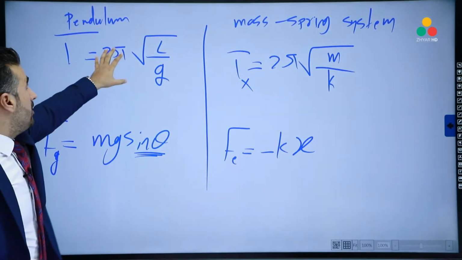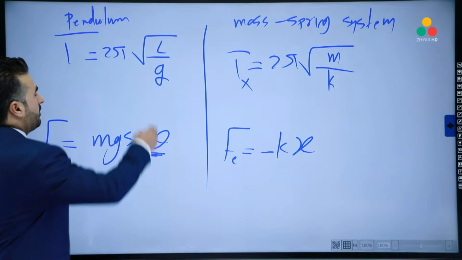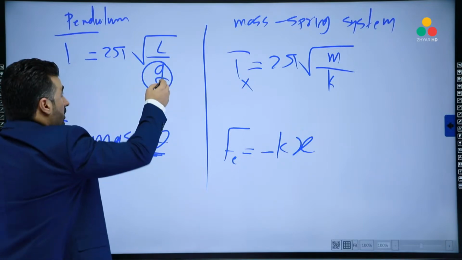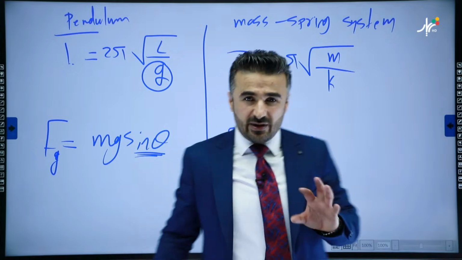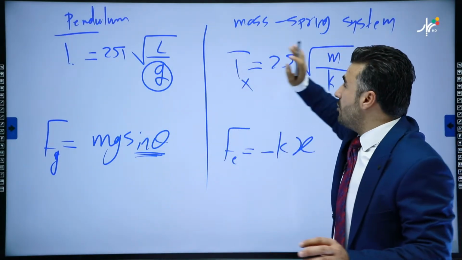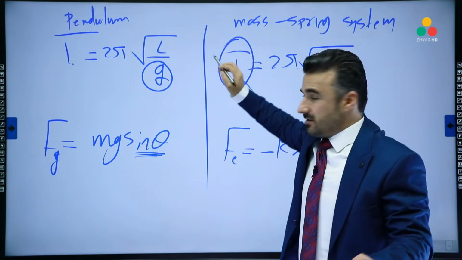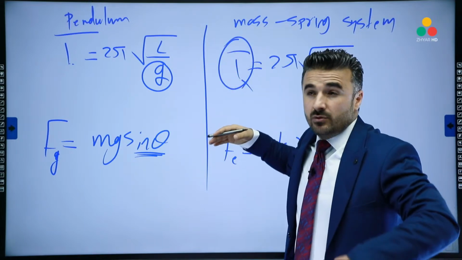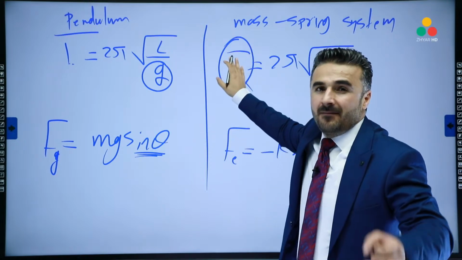Take a look. If it is a pendulum that we take to the moon, of course it will affect the period, because gravitational acceleration affects the period. But in the mass spring system, there is no gravitational acceleration. So if you want to measure the period of a mass spring system, whether on Earth, on the moon, or on any other planet, it would still be the same period.